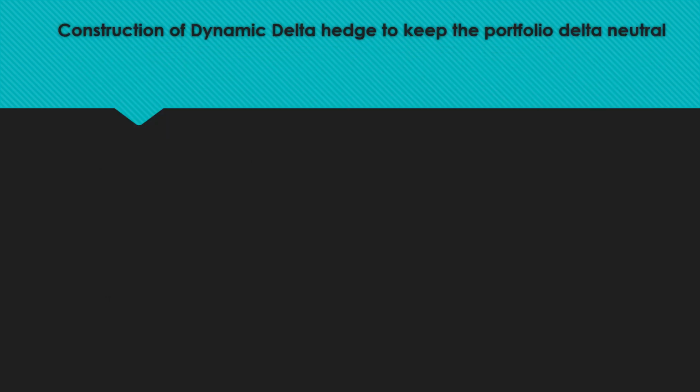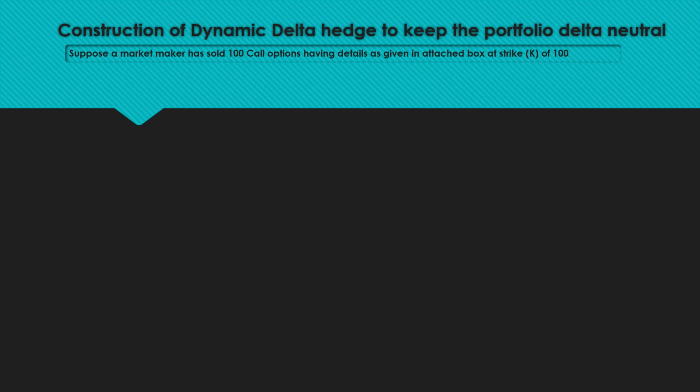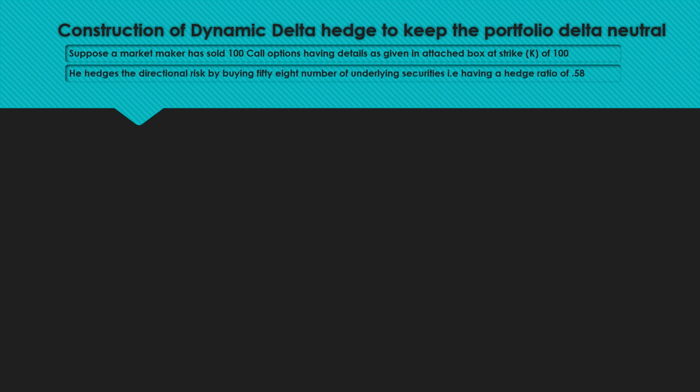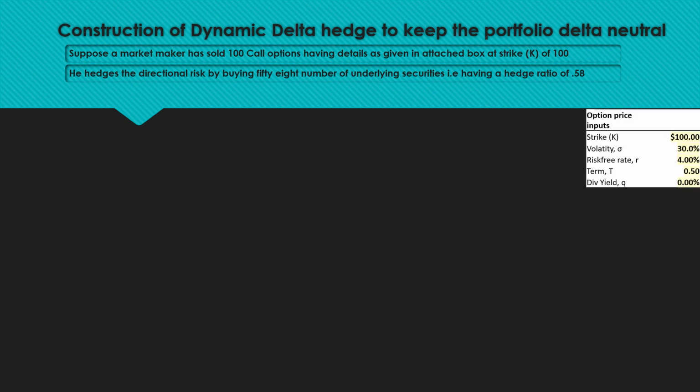Now let's see how a dynamic delta hedge is constructed. Suppose a market maker has sold 100 call options having details as given in the attached box at a strike of $100. He hedges the directional risk by buying 58 underlying securities, that is having a hedge ratio of 0.58.